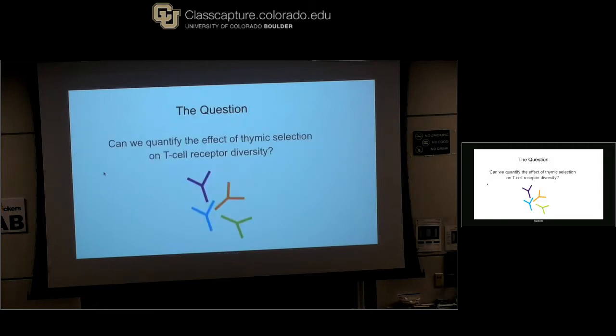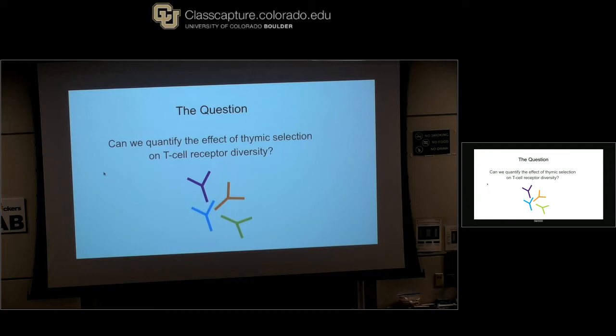Given the complex developmental processes that T cells undergo, we'd like to understand how the body regulates their function. A large part of the question reduces to understanding exactly by how much the thymic selection process tunes the repertoire diversity. So the overarching question that we want to address is, can we quantify the effect of thymic selection on T cell receptor diversity?